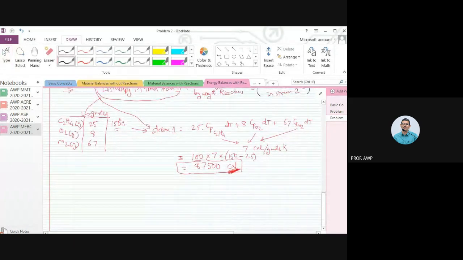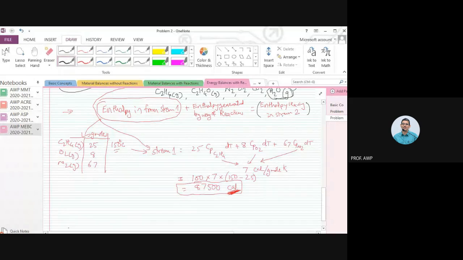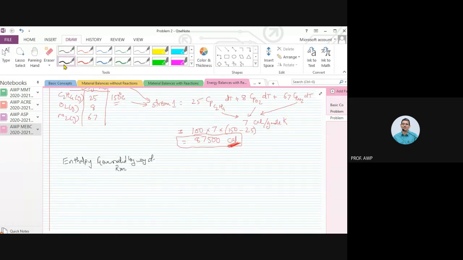Okay, so now enthalpy generated by way of reactions. Look at what we did last time. We looked at temperature versus enthalpy diagram. At 25 degrees centigrade, we have our reactants and we are going to convert them into products.